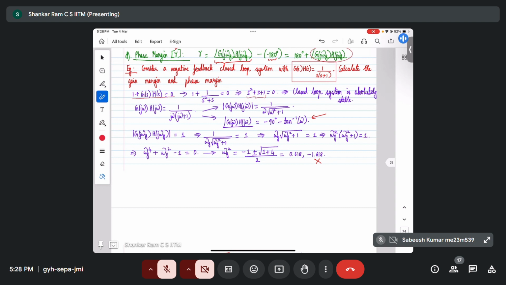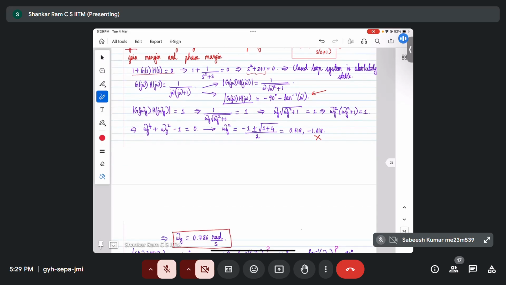Immediately I can conclude that the closed loop system is absolutely stable. How can I conclude that? s squared plus s equals zero. All coefficients have the same sign. Very good. Please note that it's a second order polynomial, and all coefficients are non-zero and of the same sign. So that's why the closed loop system is absolutely stable.